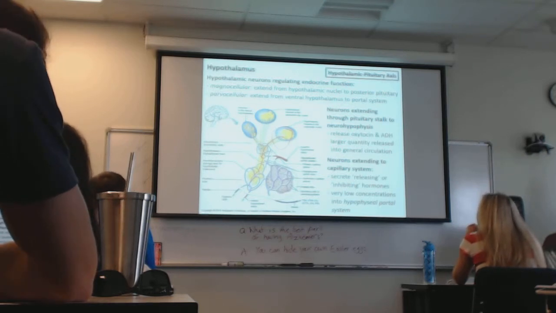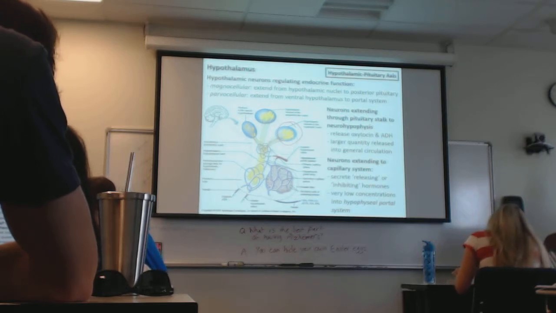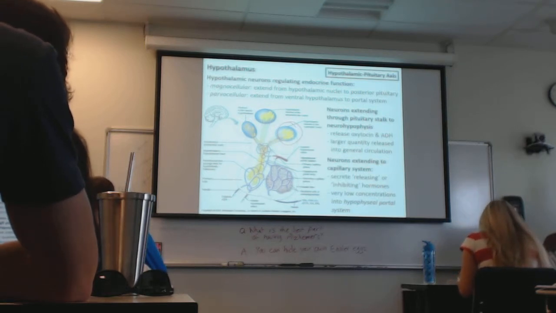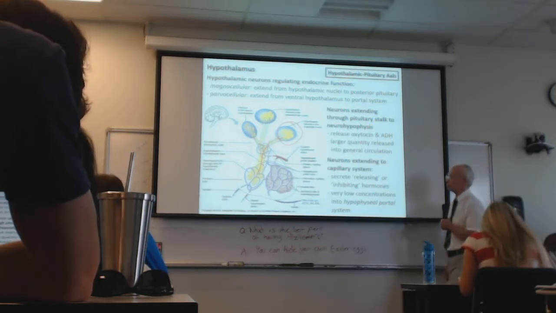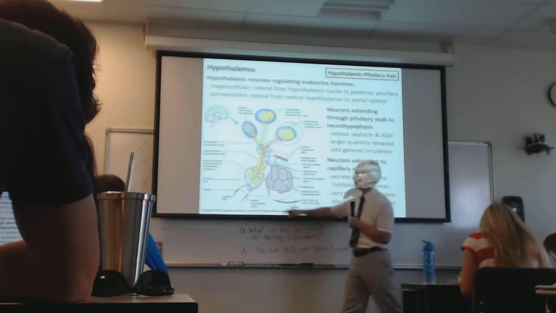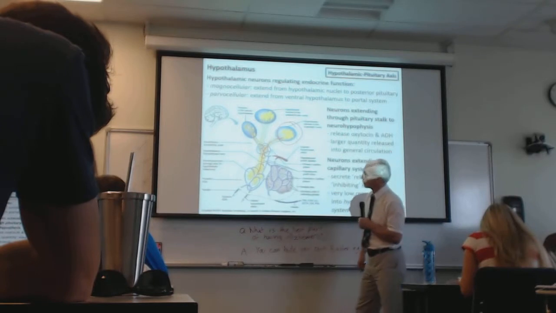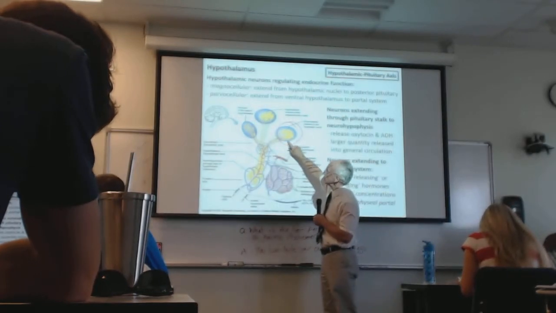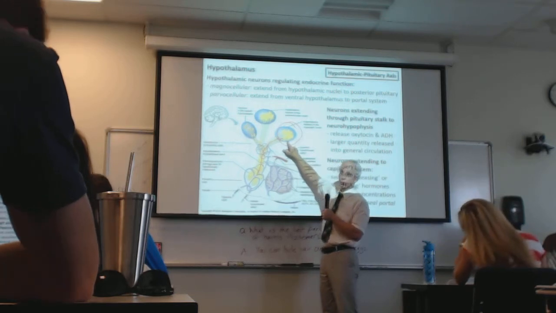So they have cell bodies in the hypothalamus. There are the cell bodies up here. The axons extend all the way through the pituitary stalk, and then the axon terminals are located in the brain matter, the neural material of the posterior pituitary, down here. These magnocellular neurons release their hormones.